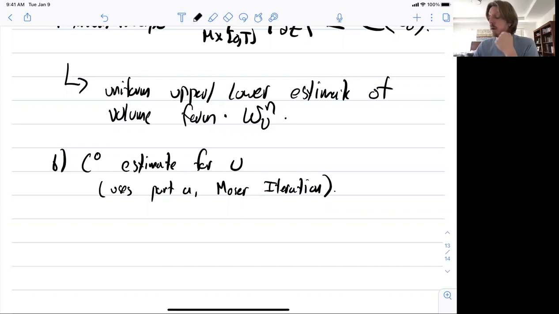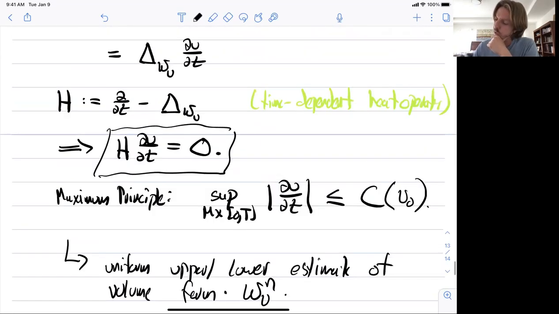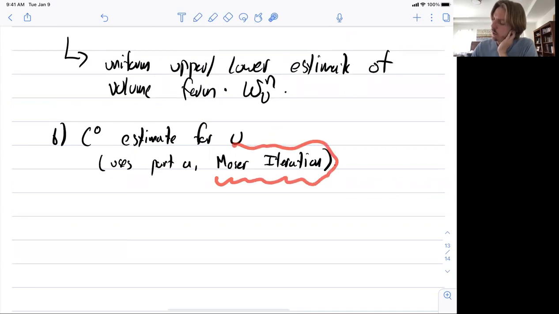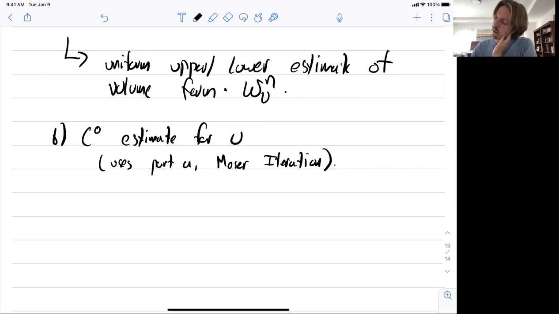That's given to you in the elliptic approach, whereas here you need the estimate from part A to know that the volume form is under control. But once it is, one can apply the Moser iteration technique to get the C0 estimate. So I'm going to completely punt on this. I think it's not all that suitable for a seminar like this.